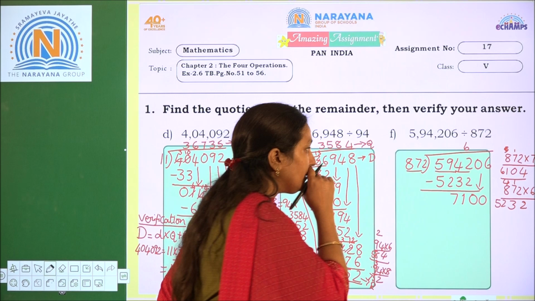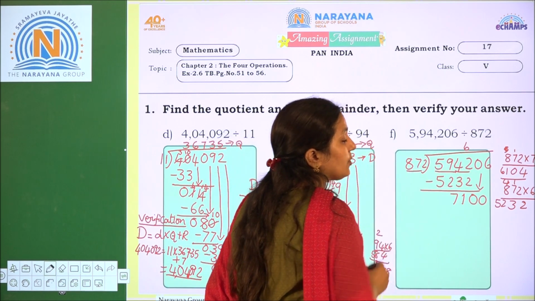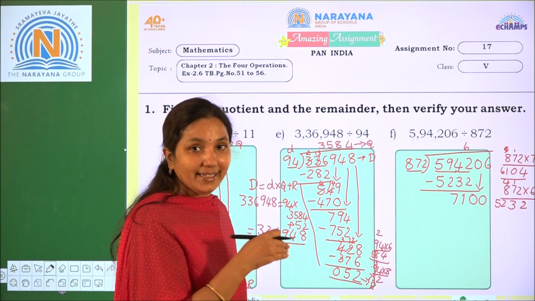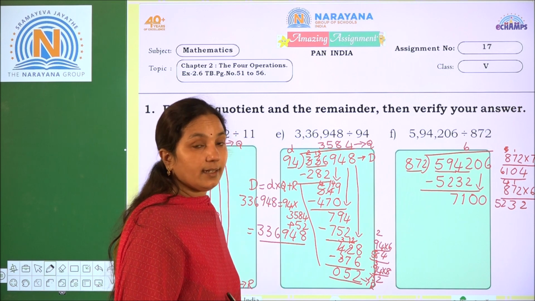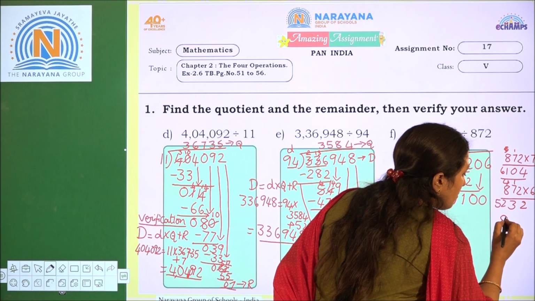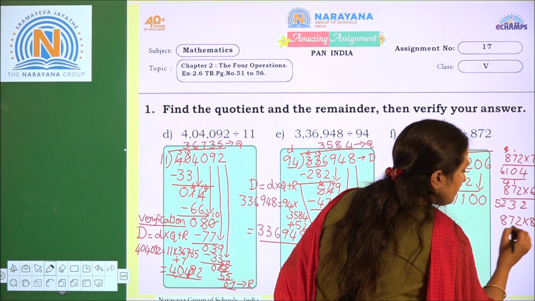So here, how many 872's are in 7100? Think how many times we can take approximately. Can we take 8 times? If you are taking 8 times, first you multiply 872 into 8.